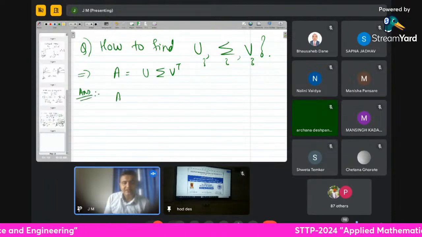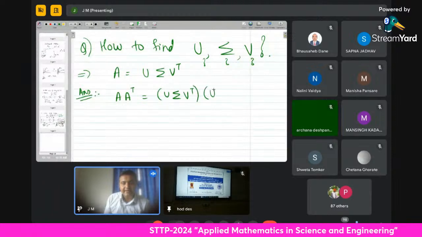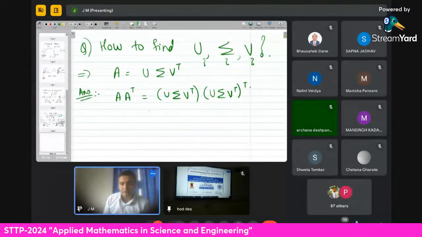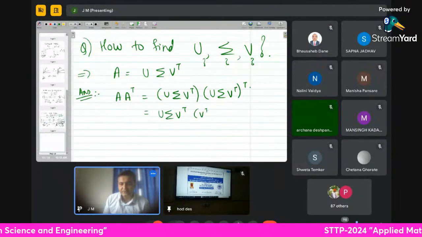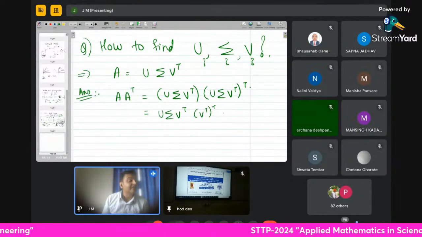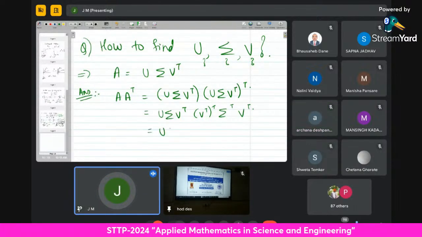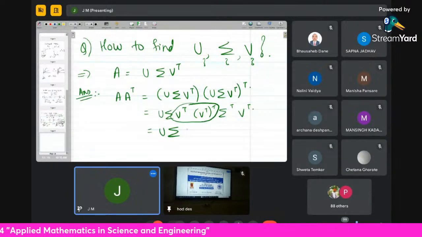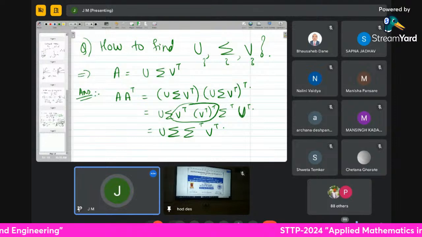What you do is, you first take U sigma V transpose times U sigma V transpose, and by the property of transpose, this is V sigma transpose U transpose. The identity matrix V transpose V, U transpose, sorry.